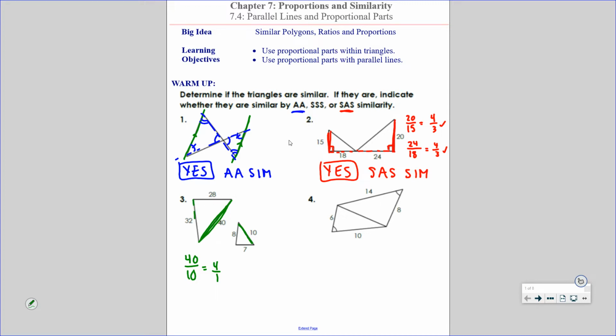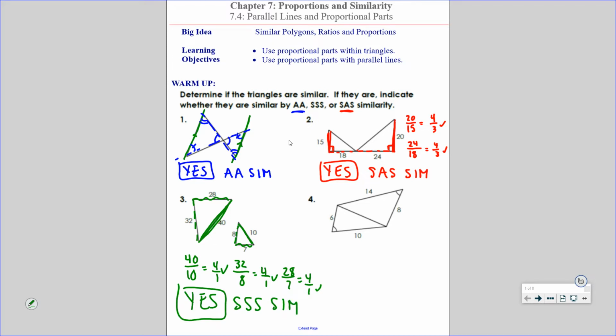All right, next largest side, 32 to 8. Also reduces to 4 to 1. Okay, so far we're good. The first 2 sides are proportional. And then the smallest, 28 to 7. Nice. Also proportional. So this one was another yes. Side, side, side, sim.